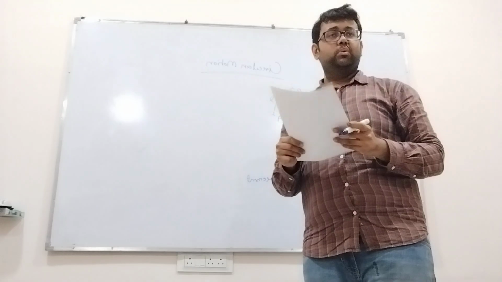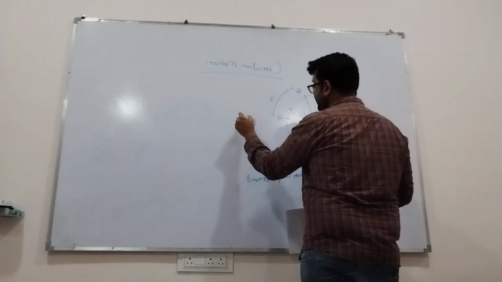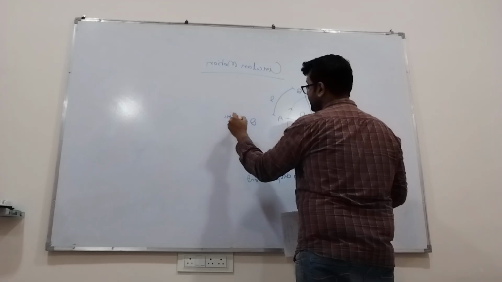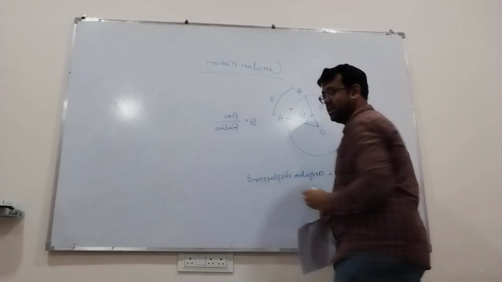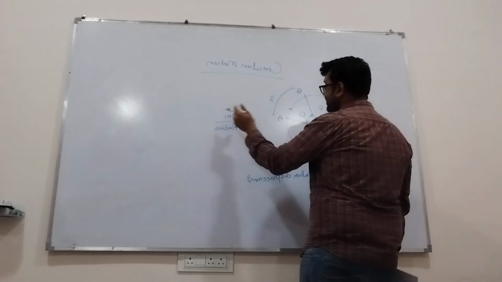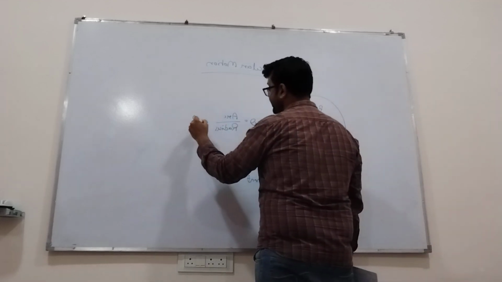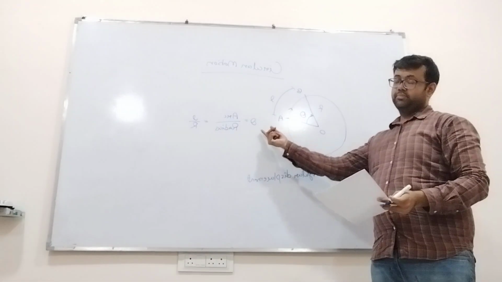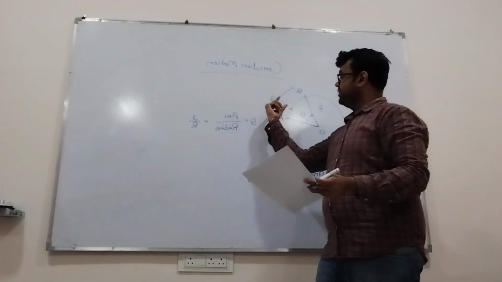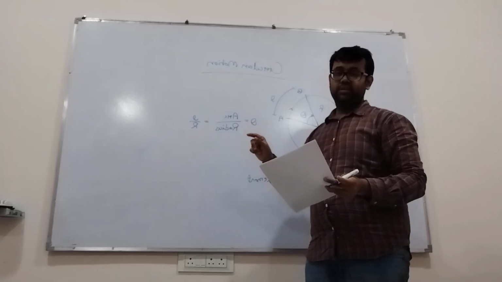We have already learned in the previous classes that the angle is nothing but the arc length upon radius. So here the arc length is nothing but L, and the radius is R. So simply we can find out theta if we know the distance L with this formula.